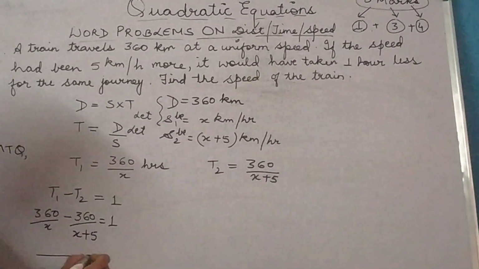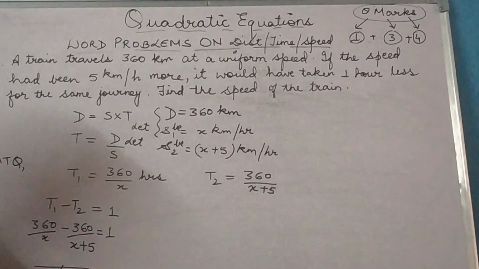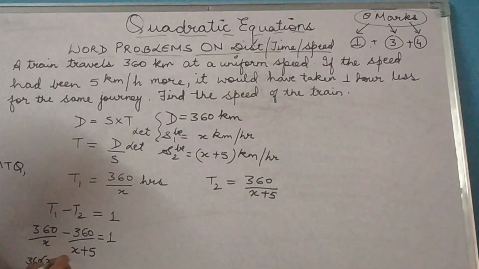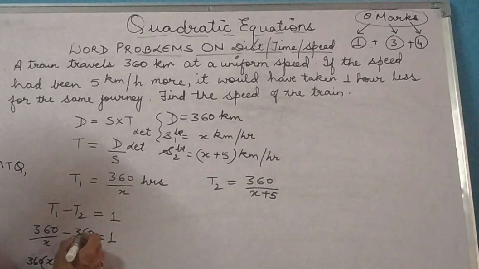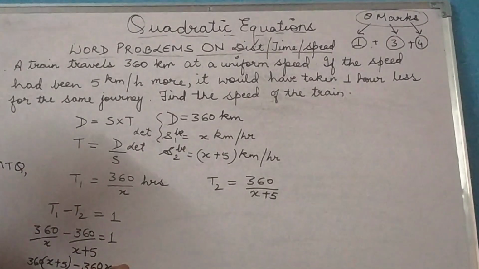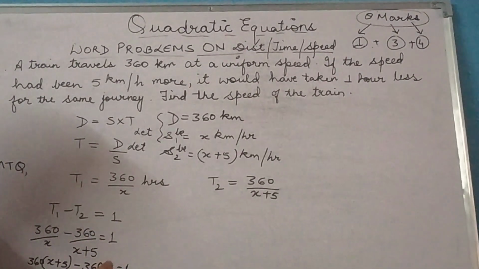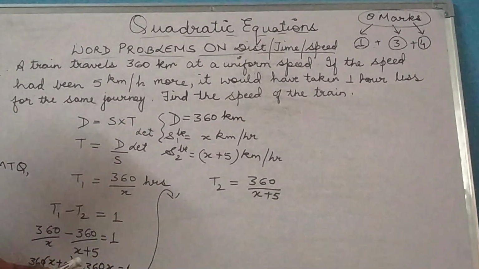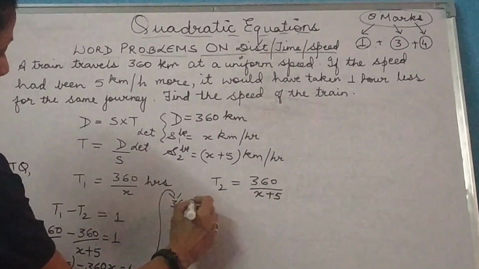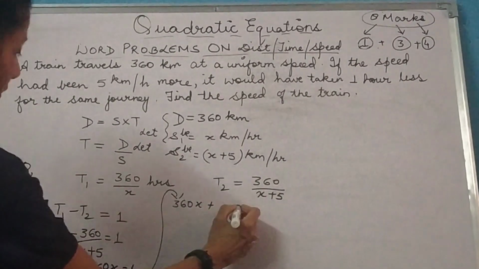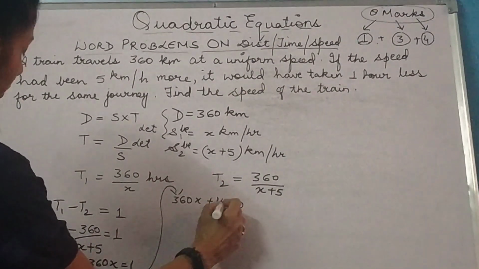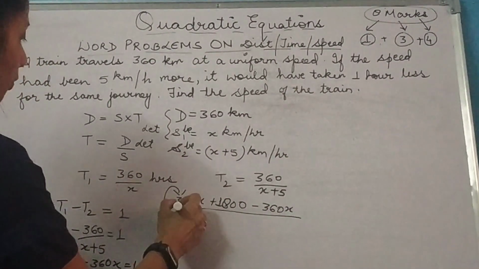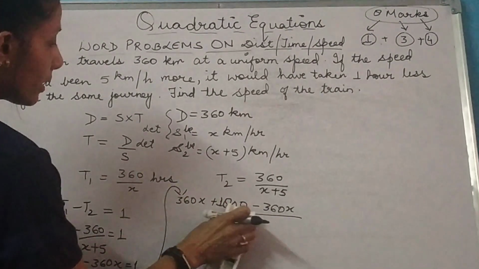Now we can simplify it by taking LCM. This will be 360 into x plus 5 minus 360x equal to 1 times x into x plus 5. Now we can again simplify it. 360 into x will be 360x plus 1800 minus 360x, whole upon, or simply I can take this to that side.